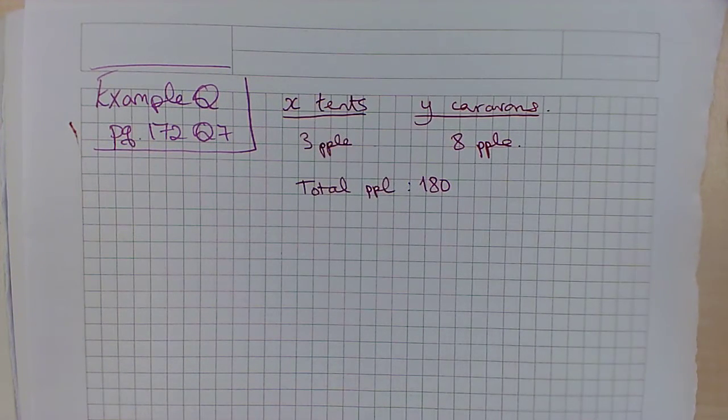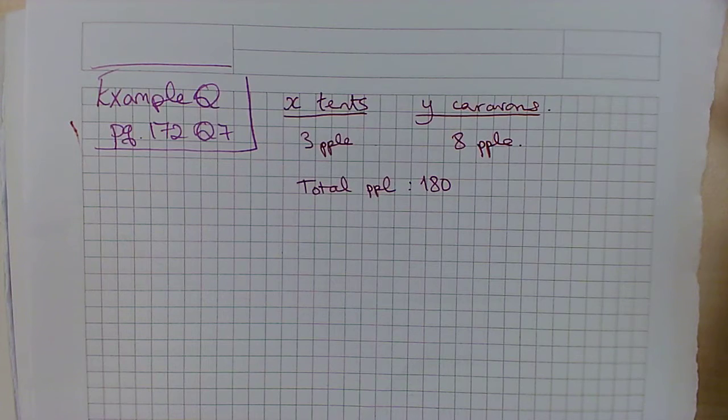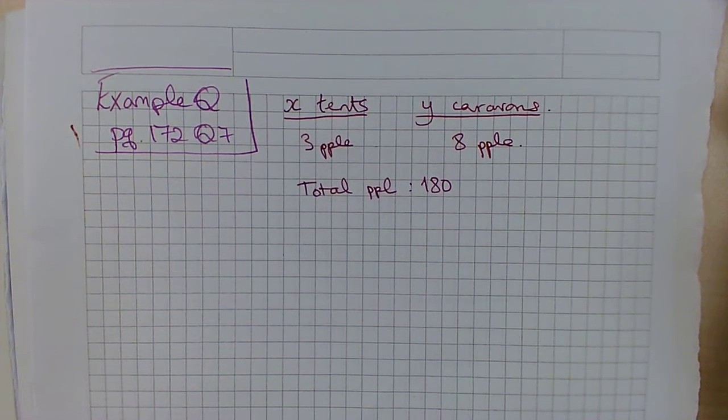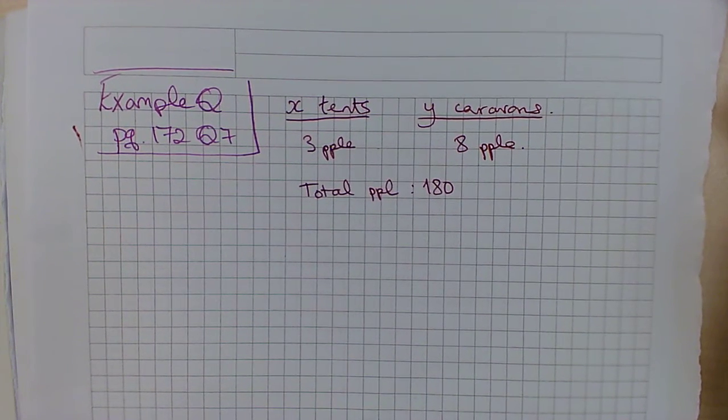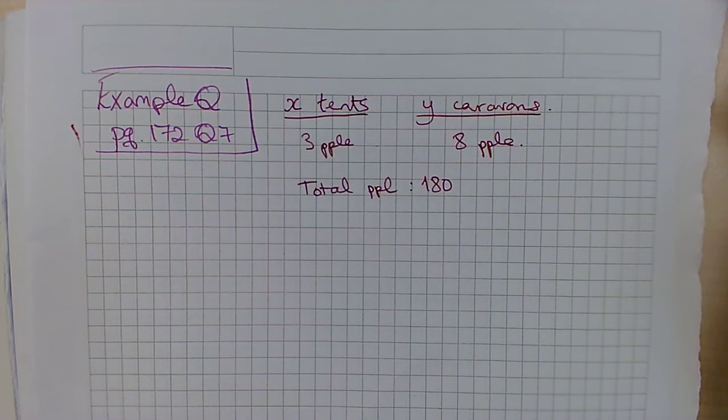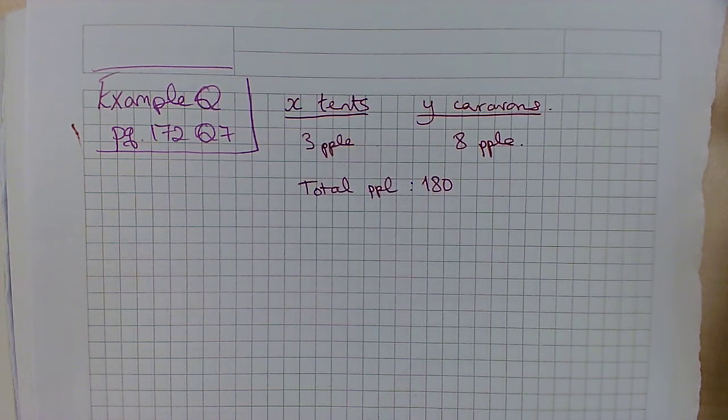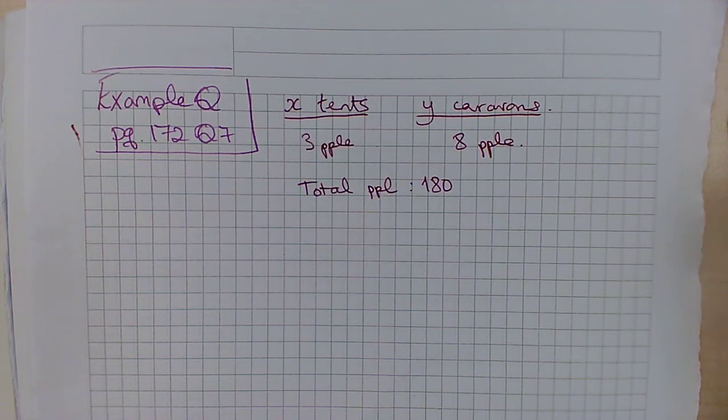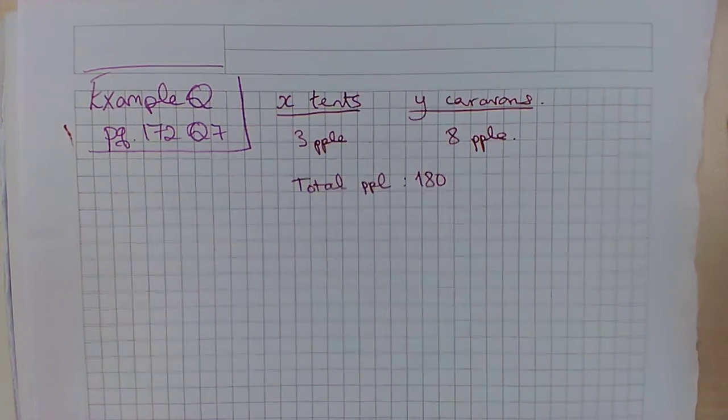Now, we haven't been told the total number of vehicles or the total number of housing units or whatever we want to call them. So this isn't quite the same as the total number, total value questions that we've done before this. What we do have though is the value. So we know that there's 3 people per tent, 8 people per caravan.